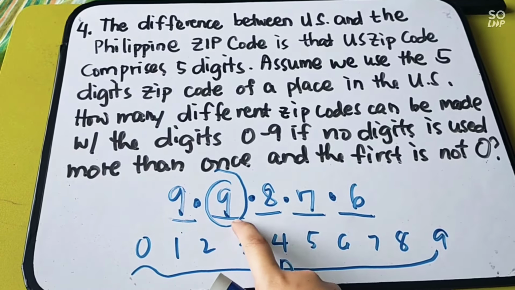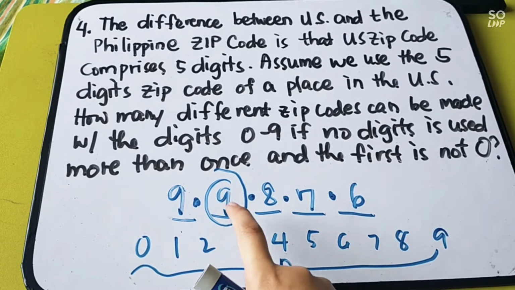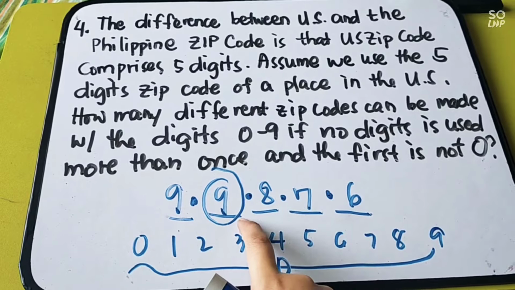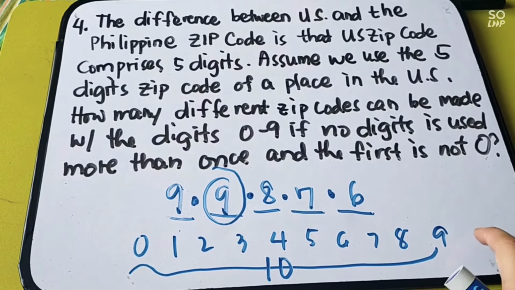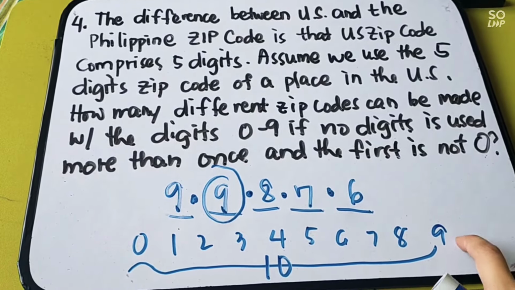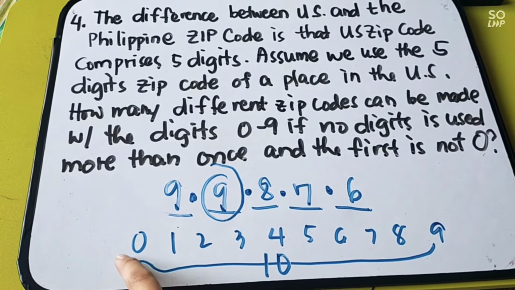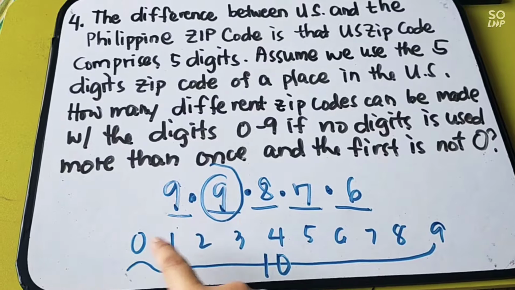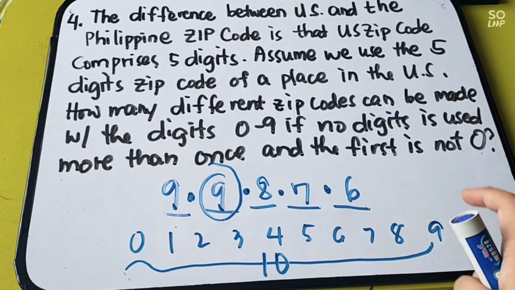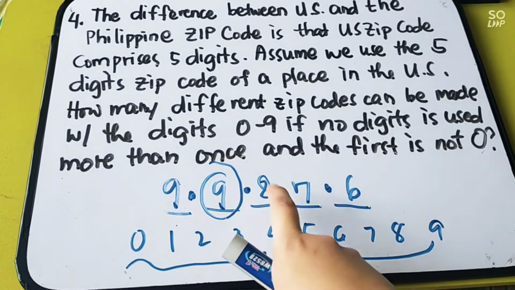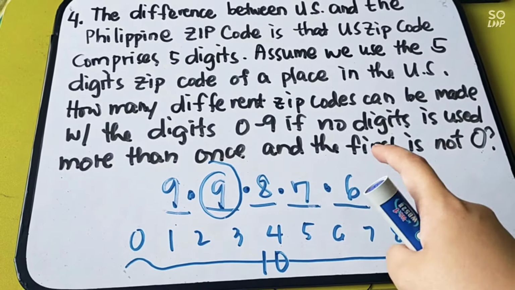Sumunod na number, bakit 9 ulit? Kasi, 10 number ang given, tama? So, binawasan na natin ng isa dito at included na si 0. So, binawasan na natin yung 10, magiging 9 na lang siya. Then, 8, 7, and then 6.